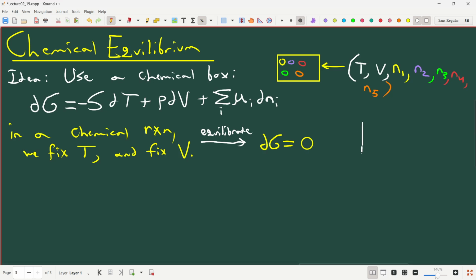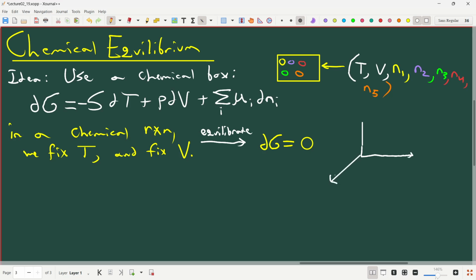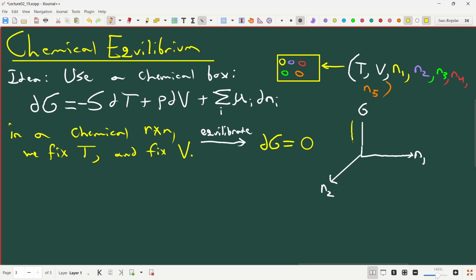The idea, again, is that imagine we have this surface where I put G here. Let's say it's a two-component system, N1 and N2, and I want to plot G as a function of those two variables. Maybe G looks like a little surface like this.